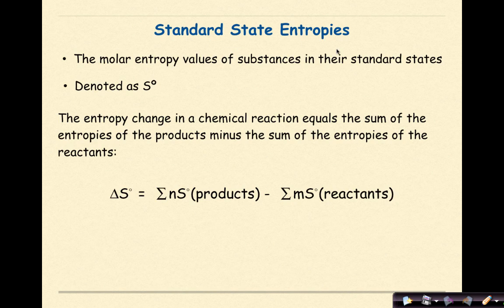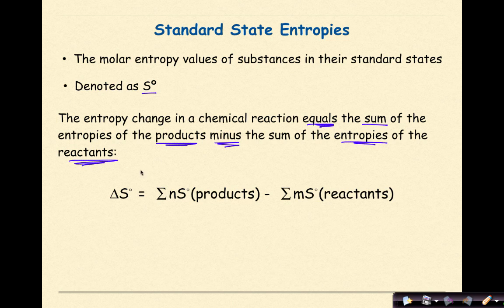Standard state entropies. The molar entropy values of a substance in their standard states, denoted as S naught. The entropy change in a chemical reaction equals the sum of the entropies of the products minus the sum of the entropies of the reactants.